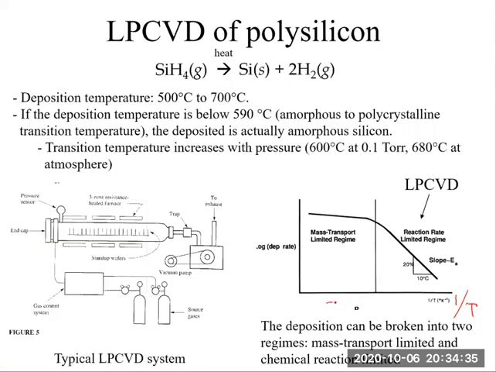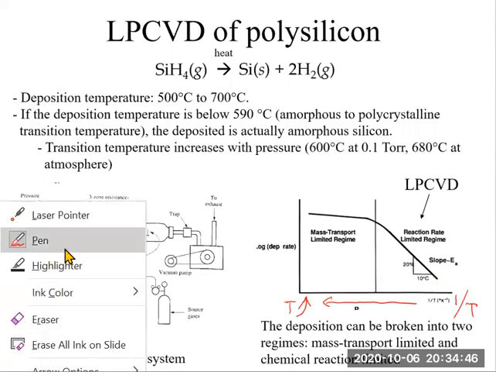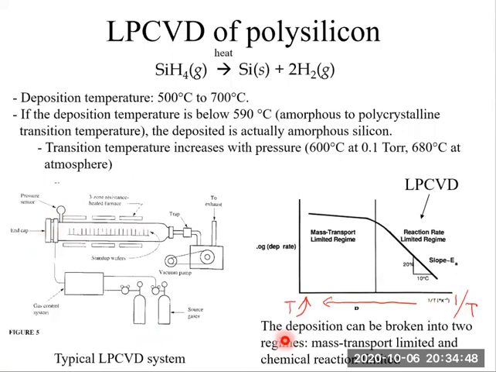So from right to left, temperature increases. If we move from right to left, the temperature increases. And know that the deposition can be broken into 2 regions: mass transport limited and chemical reaction limited.